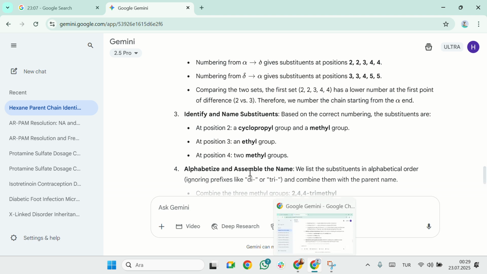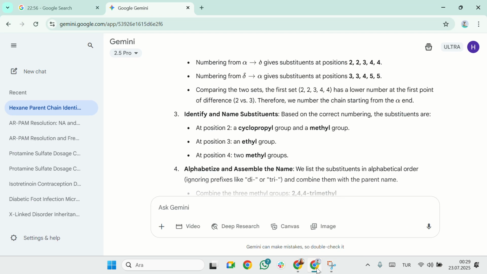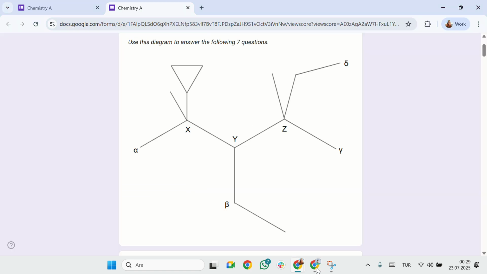At position 2, cyclopropyl. This is a cyclic molecule, and it has 3 carbons, so it is cyclopropyl. Okay, this makes sense. And then methyl group. So methane is CH3 as far as I remember.